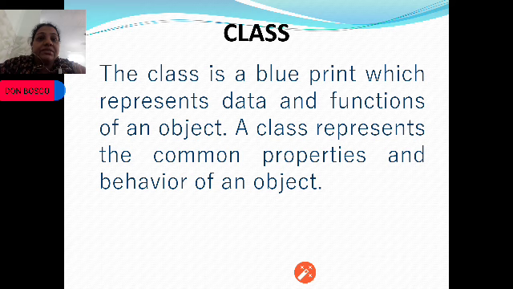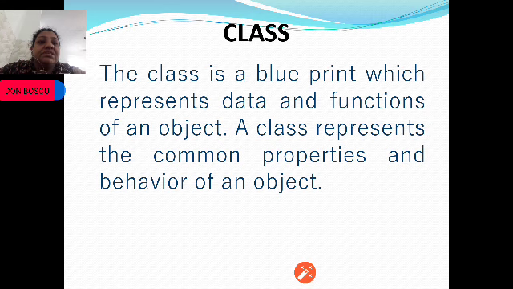Like before we construct any building, first we work on the blueprint. We plan certain things. Similarly, before creating an object, we create a class. Therefore, a class is also called a blueprint of the object.